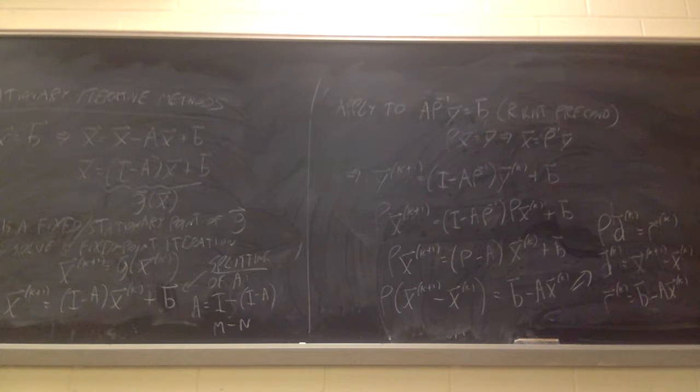But when xk is an approximate solution, this turns out to be non-zero, hopefully small. But this vector has a certain name. It starts with an R. Residual.